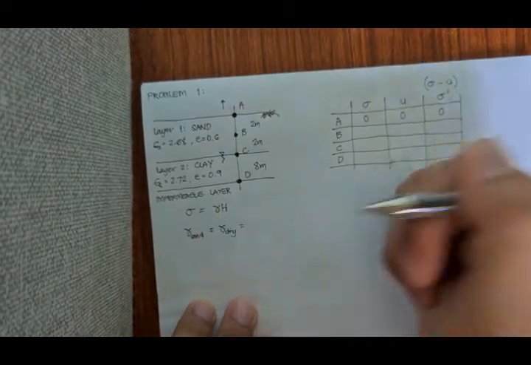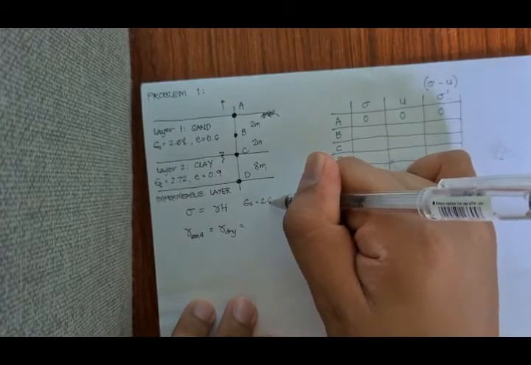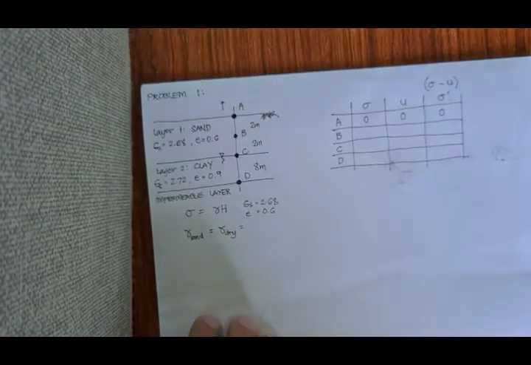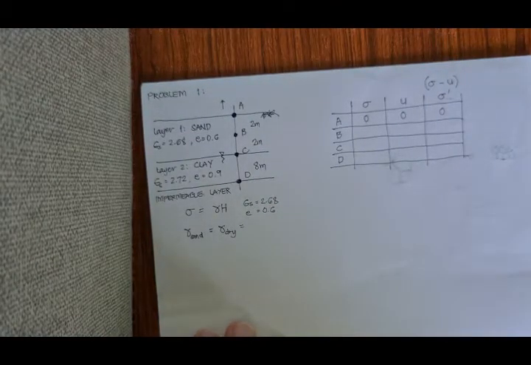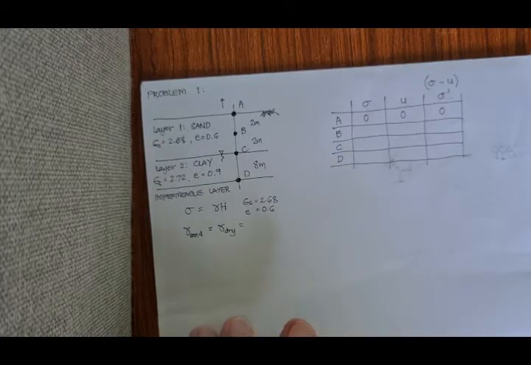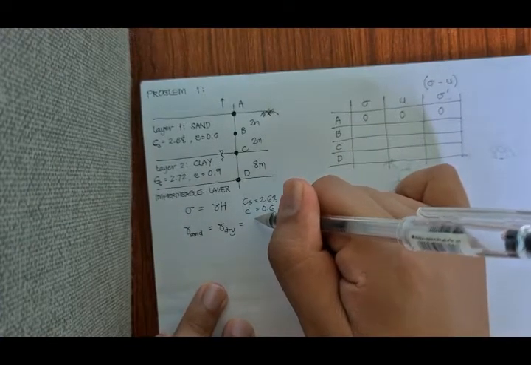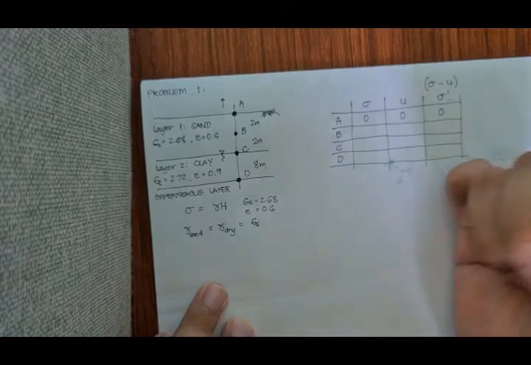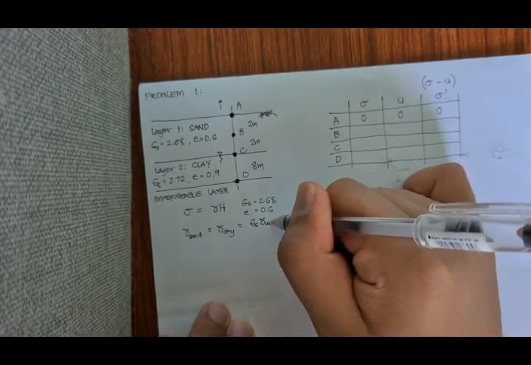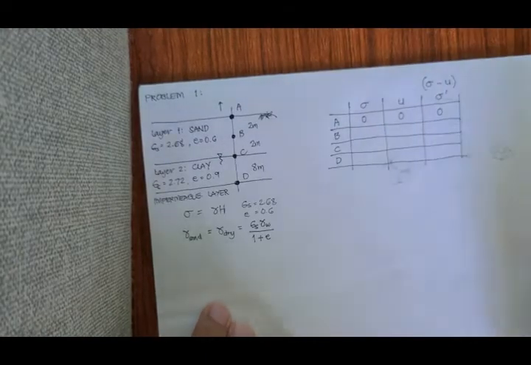So, in dry unit weight, ang given natin ay specific gravity na 2.68 and void ratio na 0.6. Ano ngayon yung formula natin for dry unit weight? Ang formula natin for dry unit weight ay equal to specific gravity multiplied by the unit weight of water all over 1 plus e.